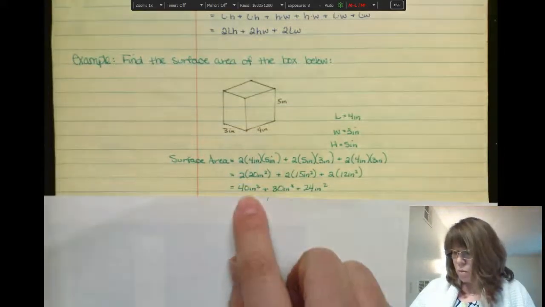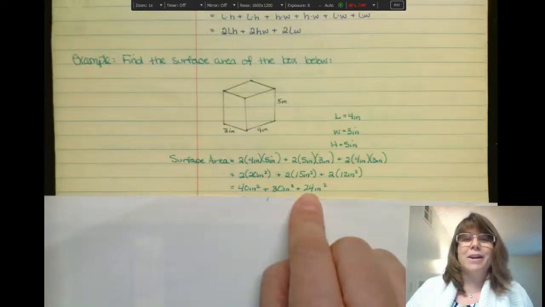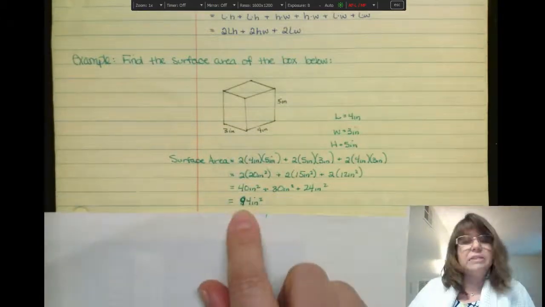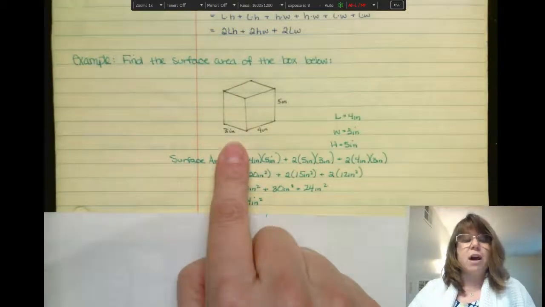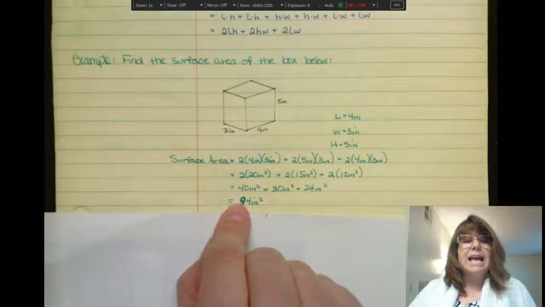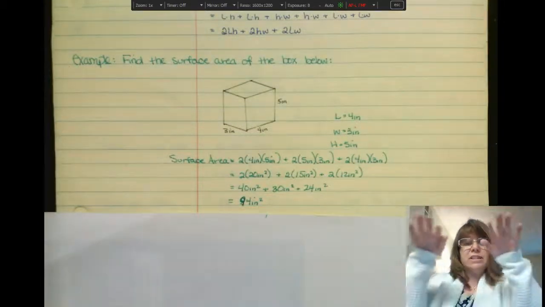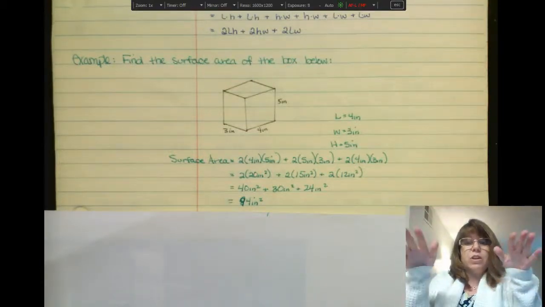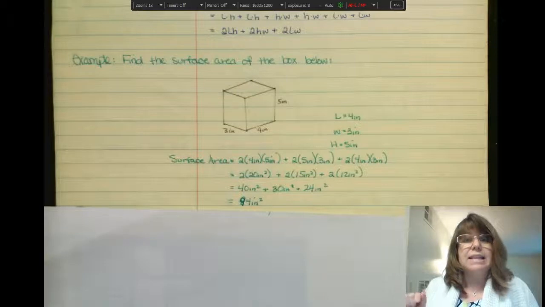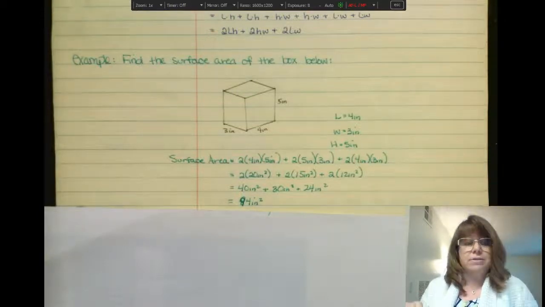So I get 40 inches squared plus 30 inches squared plus 24 inches squared, leaving me with 94 inches squared as the surface area of the box. In other words, it takes 94 square inches of material to fold this up into a box. So it's not filling the box, it is actually creating the box, which would take 94 inches squared of material.